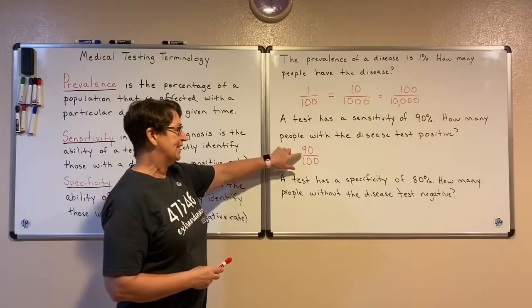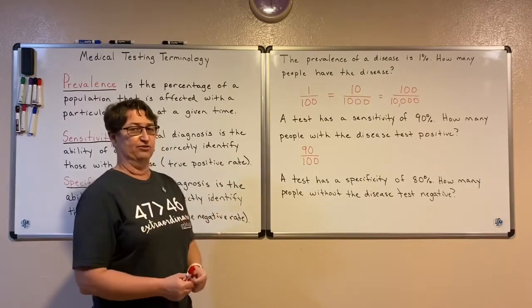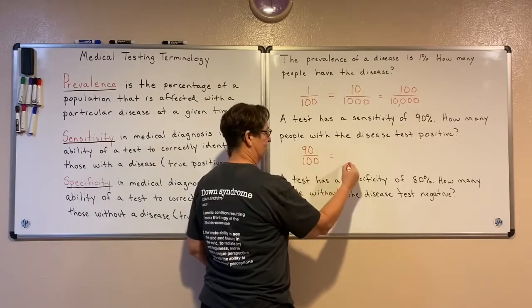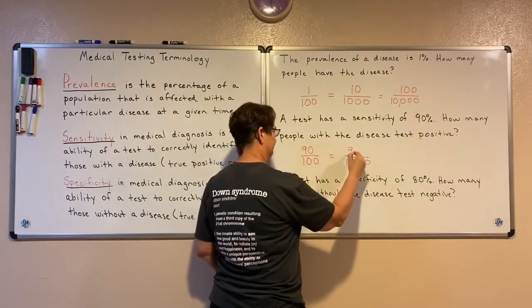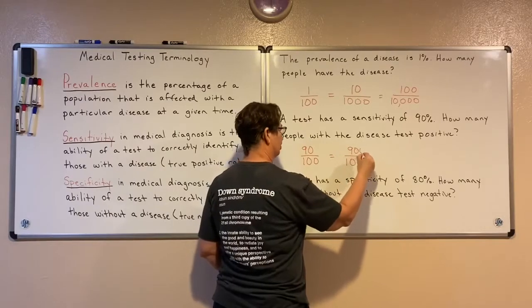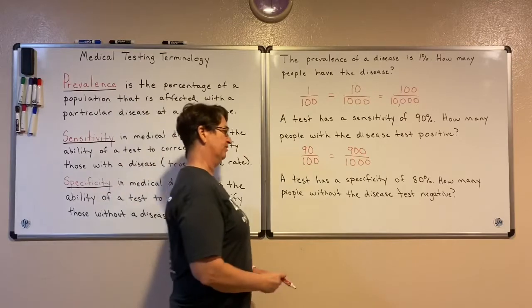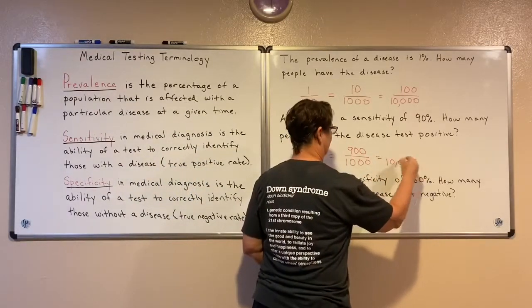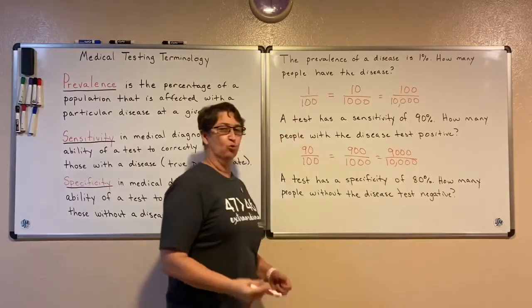So 90 out of the 100 people with the disease walk out with a positive test. Now, if my population is larger, let's say I have 1,000 people with the disease, then 900 of them walk out with a positive test. If 10,000 of my people have the disease, then I would expect 9,000 of them to walk out with a positive result.